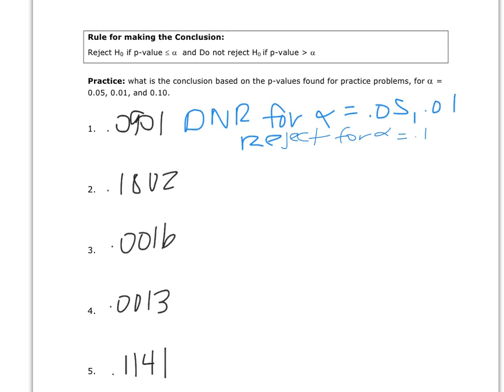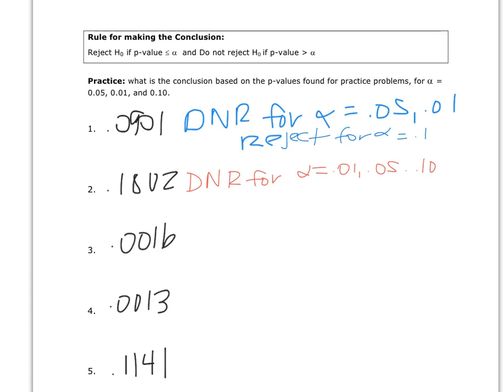Okay, 0.1802, well, that is greater than all 3 of the significance levels. So if it's greater than, we do not reject. So do not reject for alpha equal to 0.01, 0.05, or 0.10.